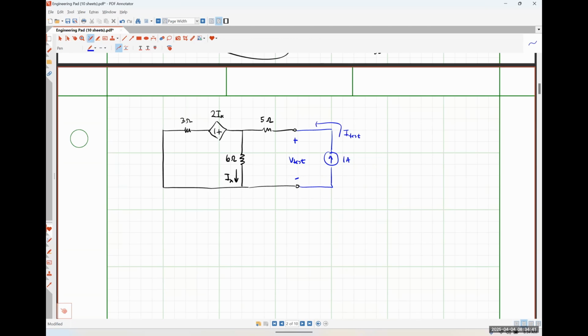It's not a ton of extra work because there are only 2 meshes, and then we'll have to write another KVL relationship to find out what V test is. But let me look at this real quickly. I'm sorry, what? Oh, no, it'll be -1 amp. Fair enough. Okay, let's give mesh a whirl.